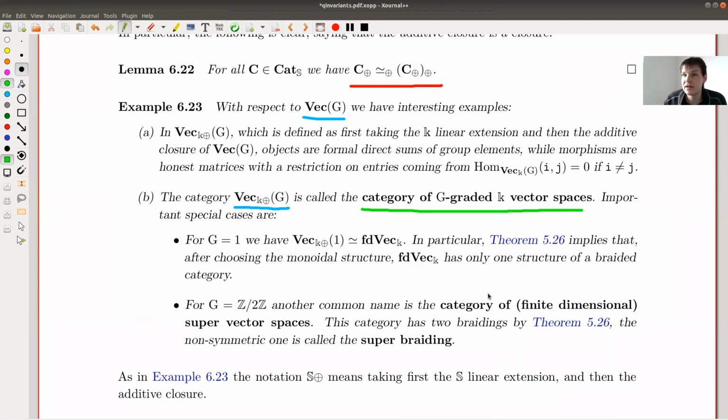Objects are graded vector spaces, and for example, for G equals 1, it would be just finite dimensional vector spaces. For G equals Z mod 2, you get what's called super vector spaces, or finite dimensional vector spaces.